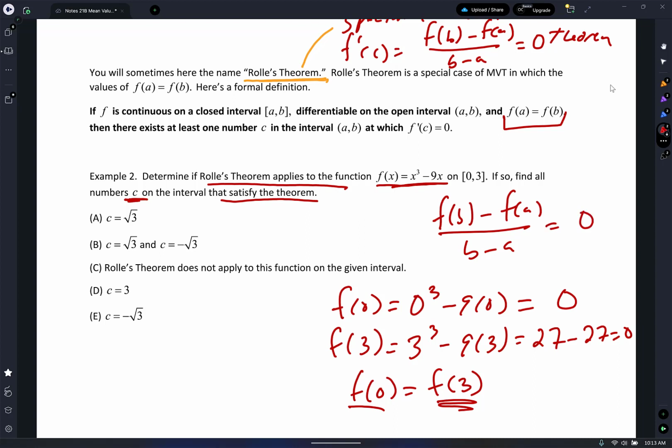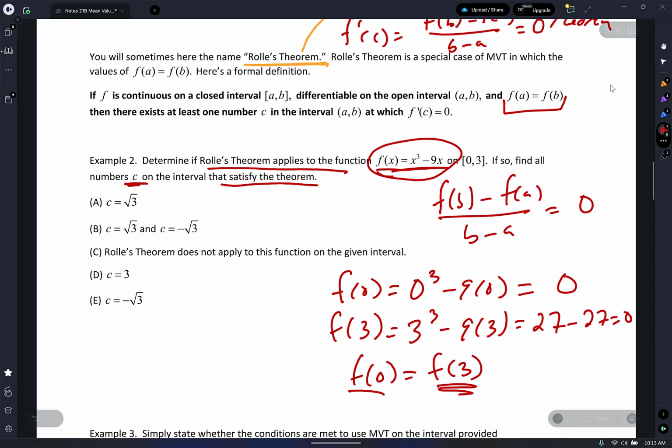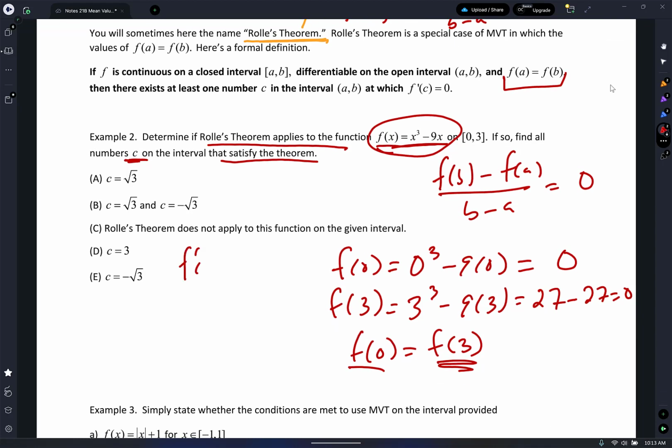So now I'm going to find the x value where this happens. I'm going to take a derivative. f prime of x equals the derivative of x cubed, 3x squared, minus the derivative of 9x, 9. I set that equal to 0.